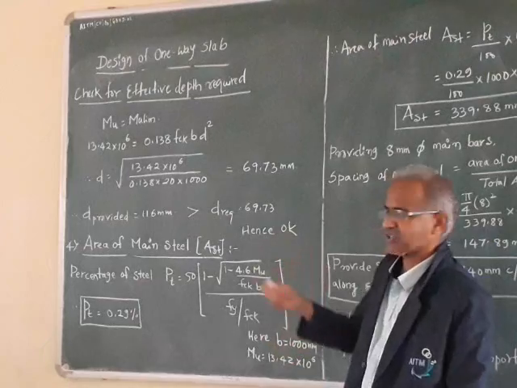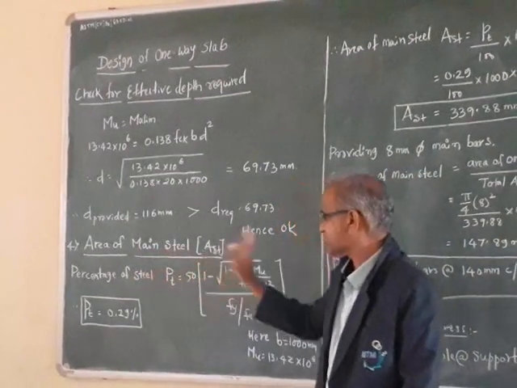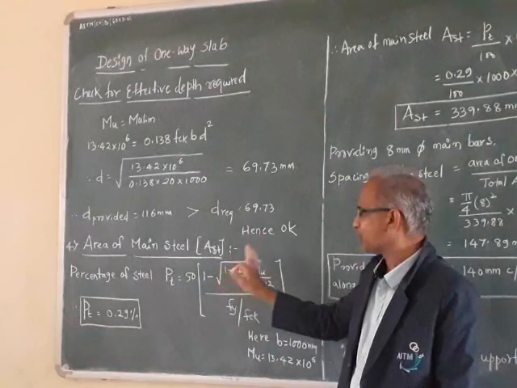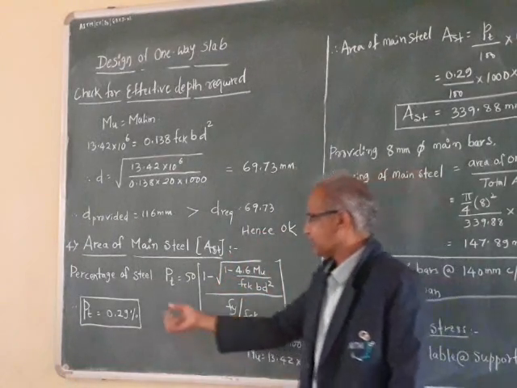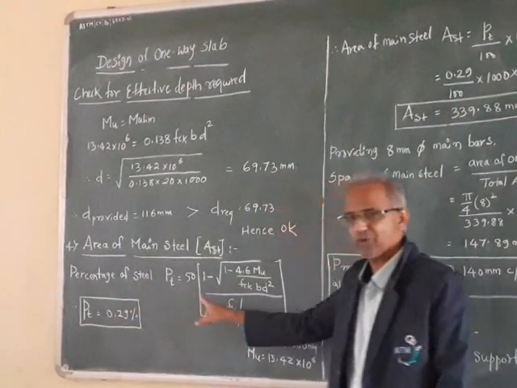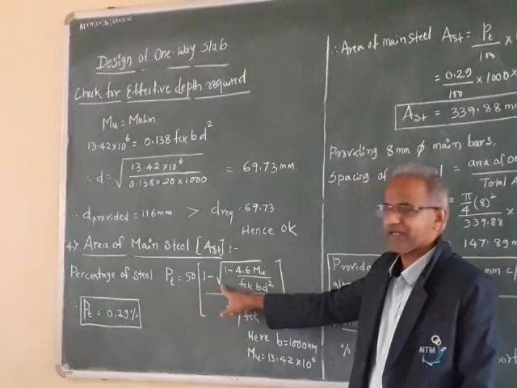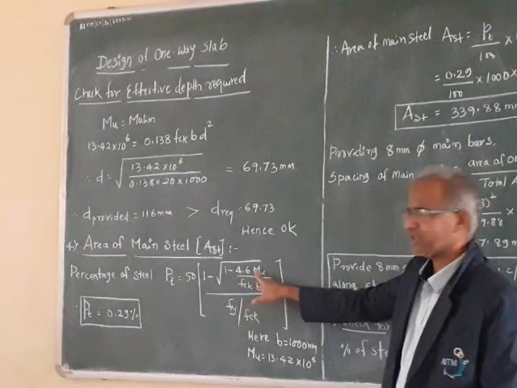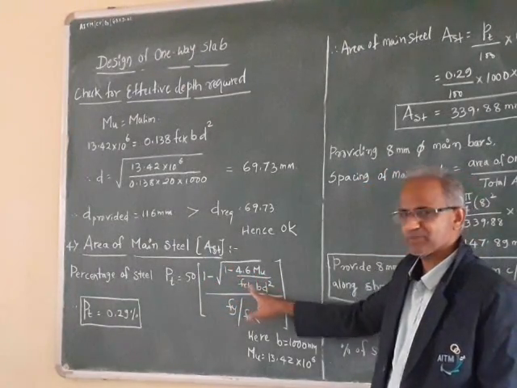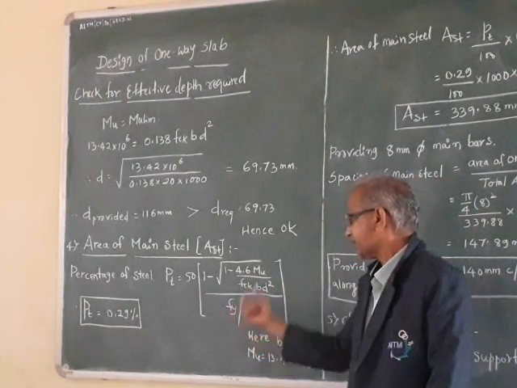Okay, so next move on to the step, that is the area of main steel, that is Ast, we are going to find out. As usual, we are going to use the formula. First find out the percentage required, that is pt is equal to 50 into bracket 1 minus under the root of 1 minus 4.6 Mu upon fck bd square, whole divided by fy upon fck.